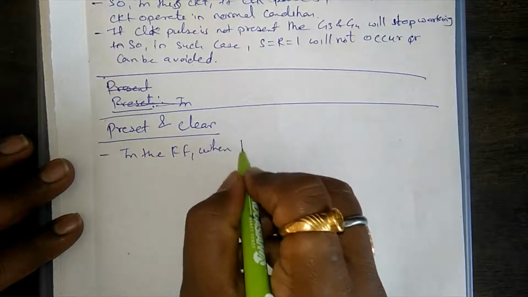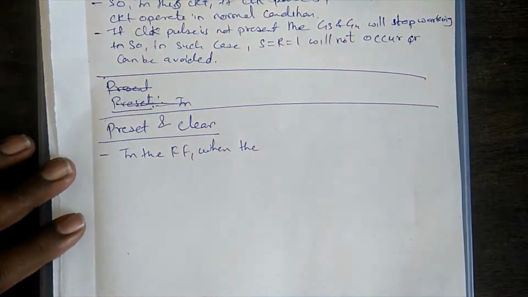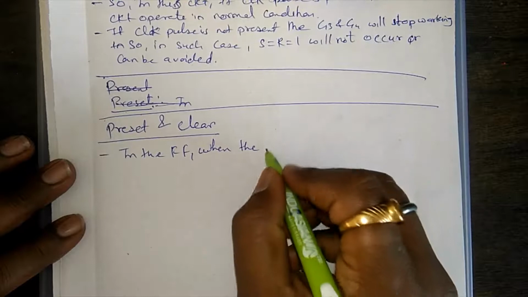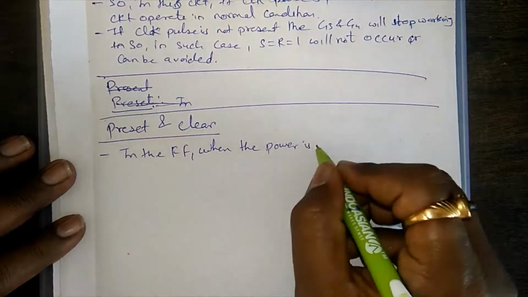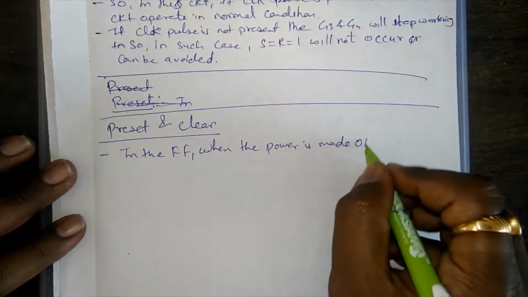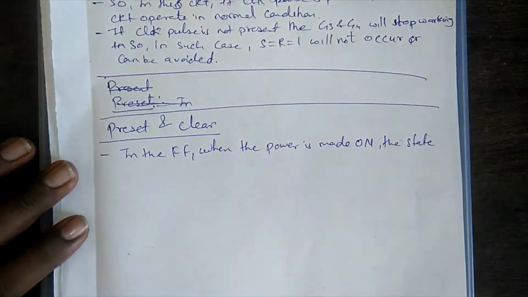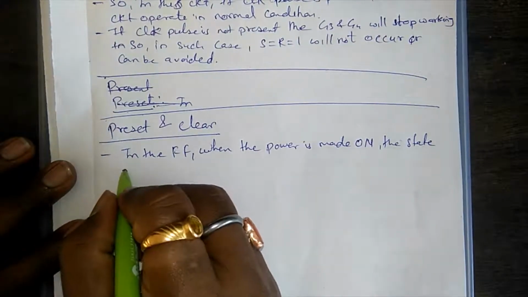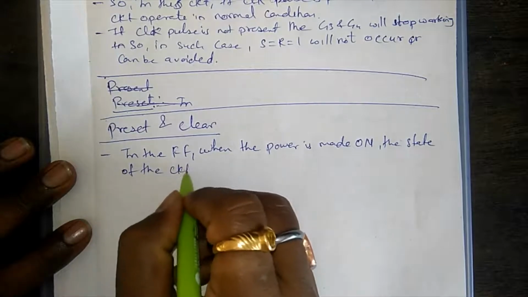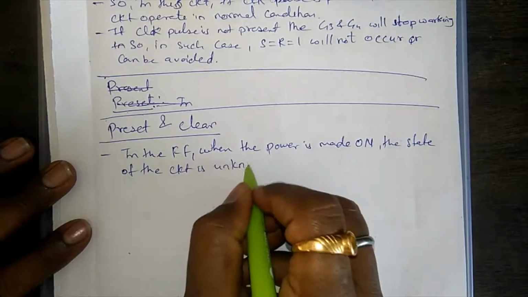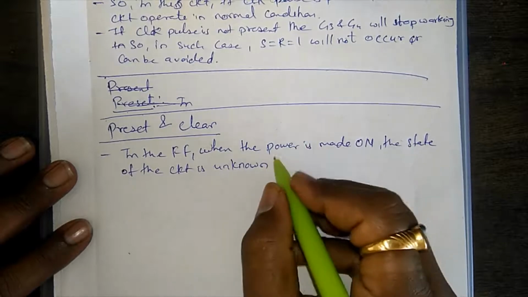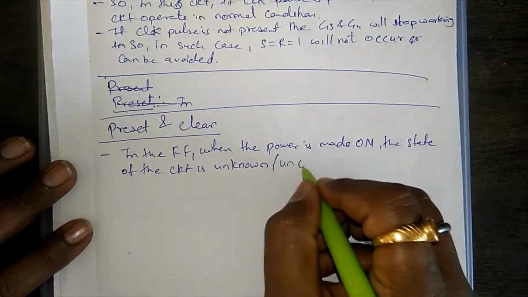When the power is on, the state, meaning the present condition of the circuit, is unknown, or you can say uncertain.